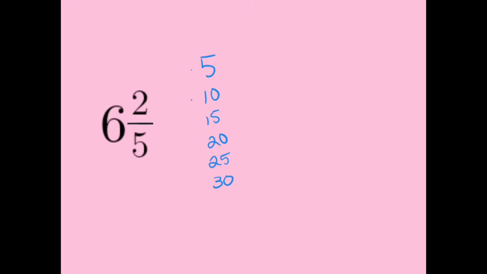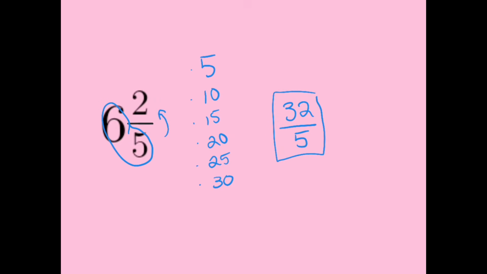Okay, that is 1, 2, 3, 4, 5, 6. That is 6 times. So you have multiplied the 6 and 5. Now we are going to add the 2. So we will have 32 of those fifths. So 6 and 2/5 is equal to 32 fifths.